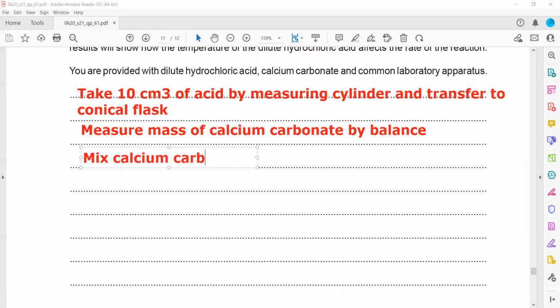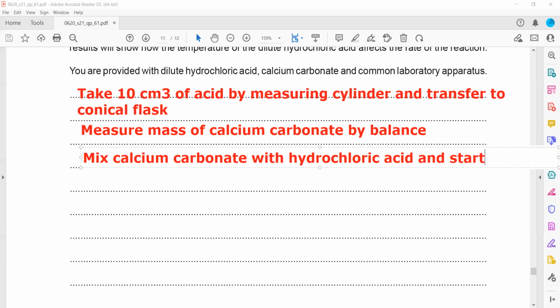Because we want to measure the rate or the speed of the reaction, how it is affected by temperature, we should measure the initial temperature as well. I should mention it, because I should know what the temperature is. So measure the temperature of acid by thermometer.